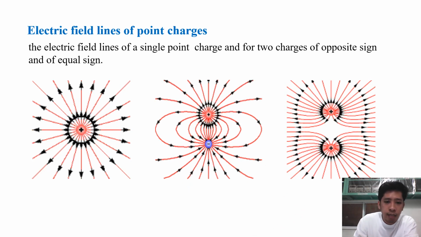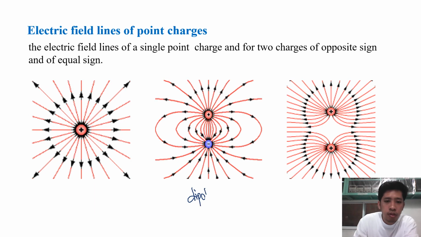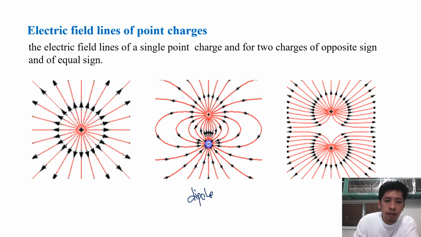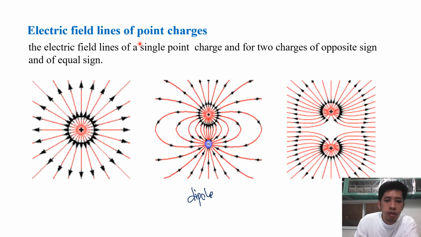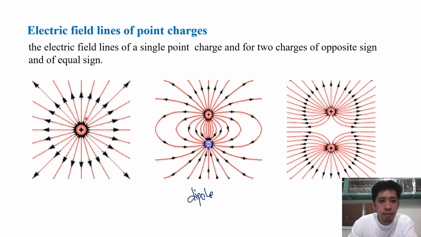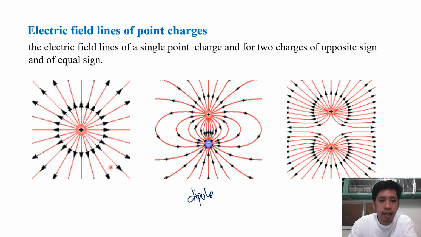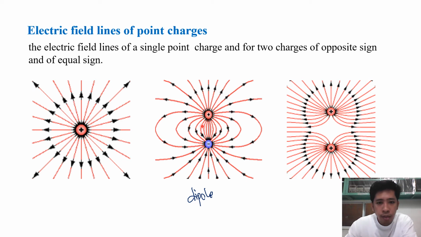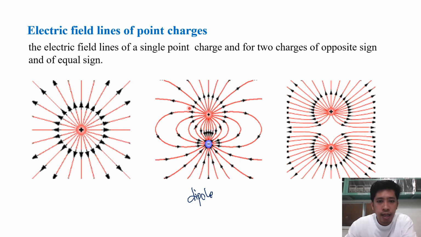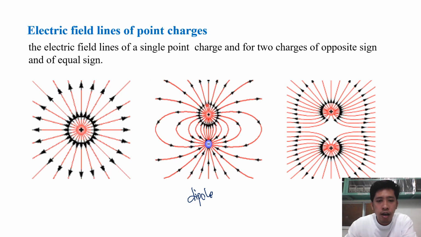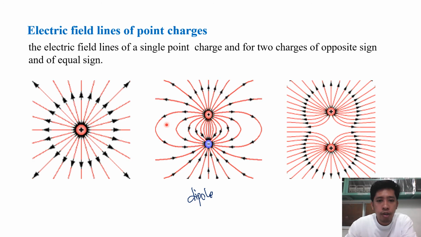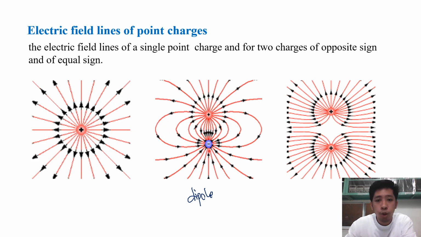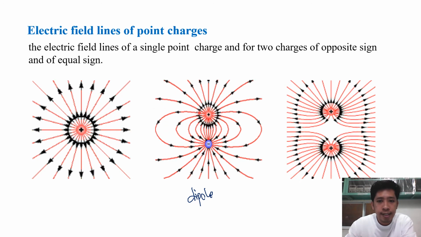So this is a dipole. If you have a dipole, again, from your positive it is radially outward, and for your negative you have radially inward. So the electric field flows from the positive towards the negative, as you can see here.